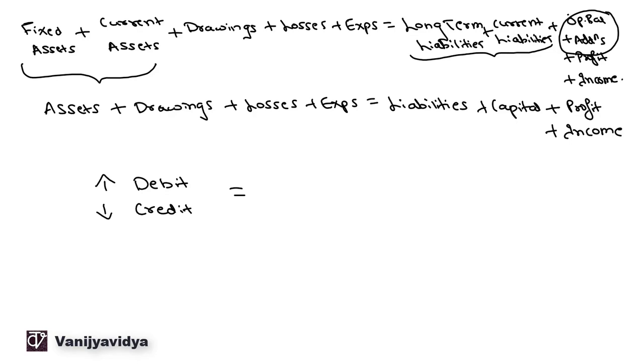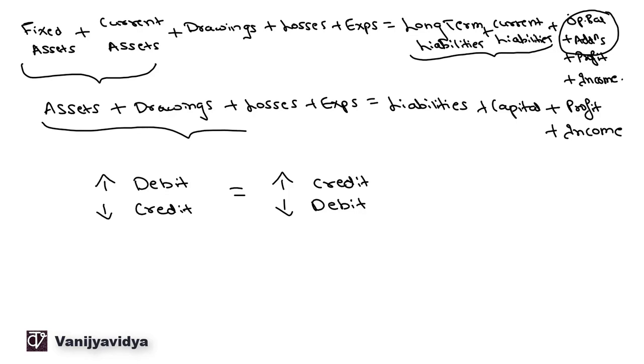Whenever there is an increase in liability, capital, profit and income, we have to credit. Whenever there is a decrease in liability, capital, profit or income, we have to debit. So this is how we will be posting debit credit entries in our books of accounts, and using this accounting equation and rewriting it, we have derived the debit credit rules.